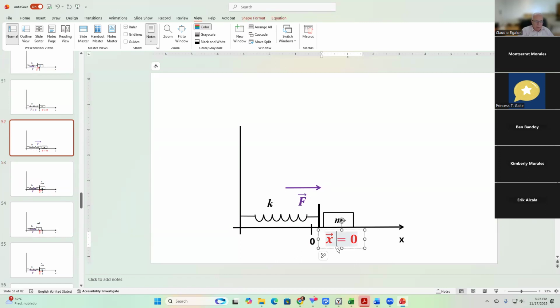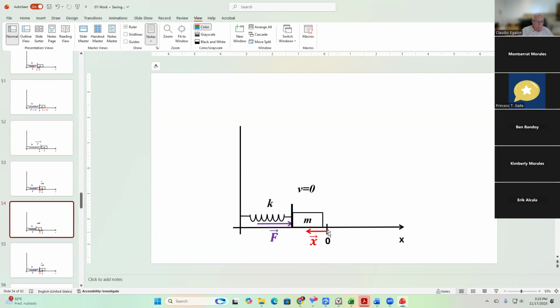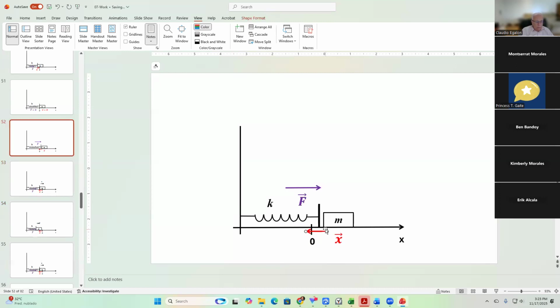The displacement of the spring is going to become positive. The force is going to invert direction because now the spring is stretched, no longer compressed.